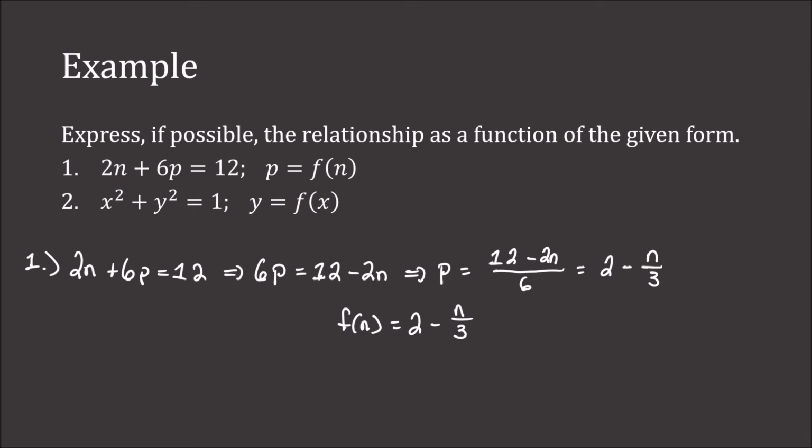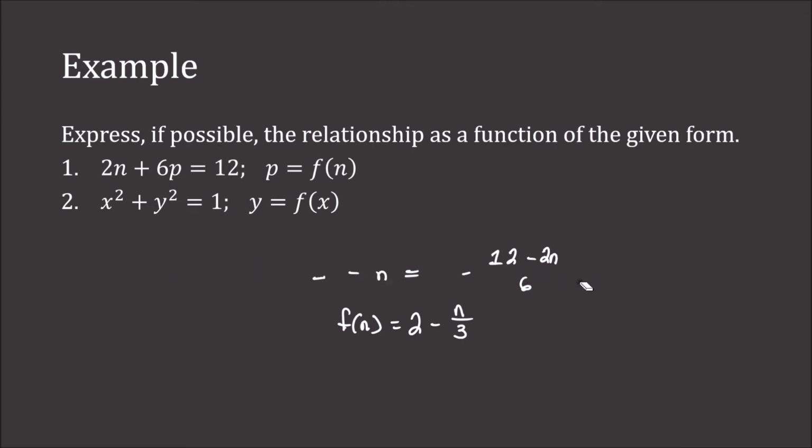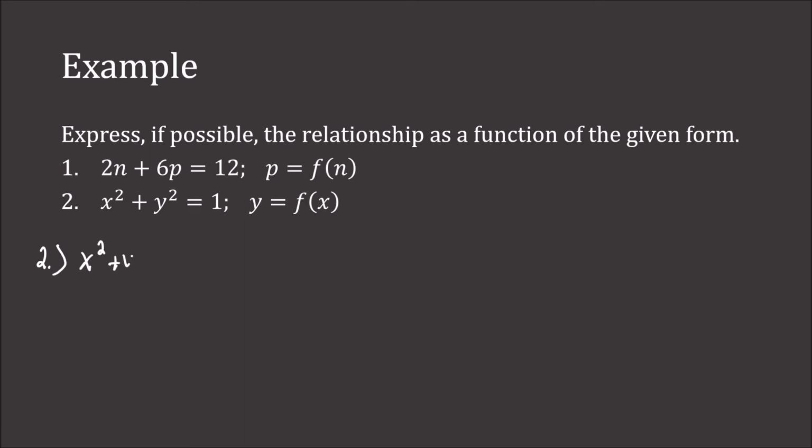Now we want to try and do the same thing for the relationship x squared plus y squared is equal to 1. We want to try and express that as a function of x. So x squared plus y squared is equal to 1.